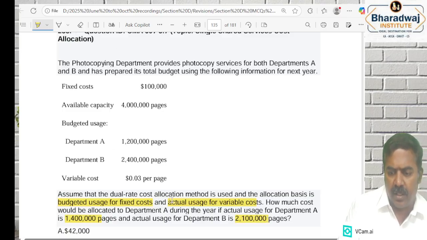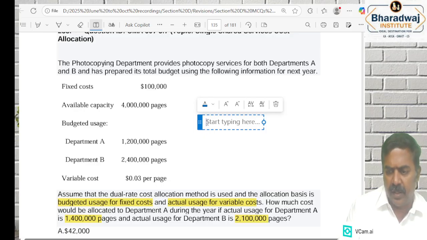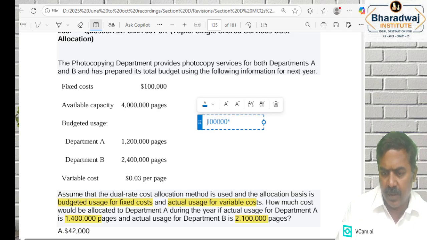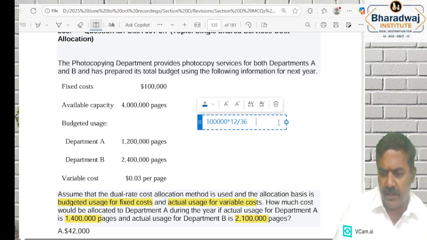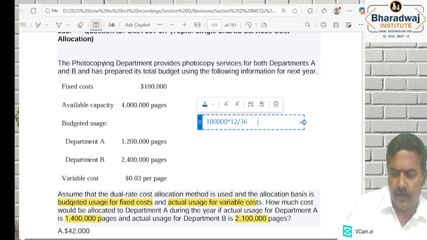So fixed costs will be allocated based on budgeted usage. For Department A, 1 lakh into 12 by 36. How much do you get? One third, 33,333.